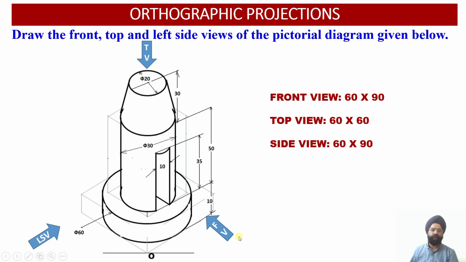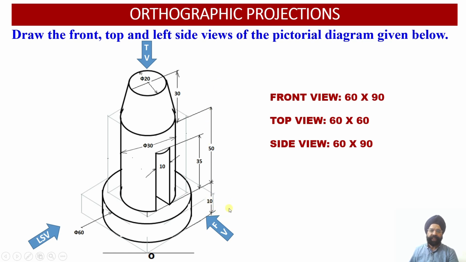Once we look at the solid from the front side, we observe that the front view of the solid will involve the width of the solid, and this width happens to be 60 millimeter. The height of the solid is equal to 90 millimeter.